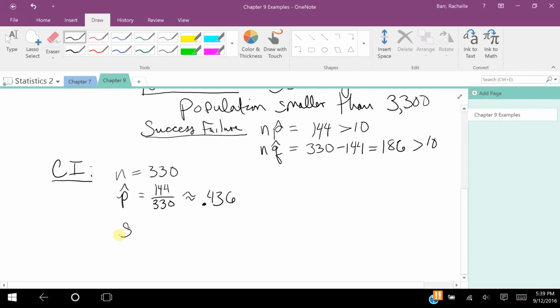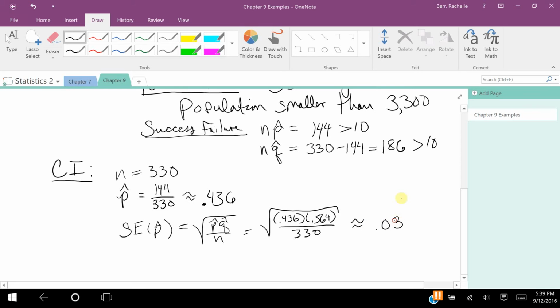And I'm going to find my standard error, since that's all I've got to work with, which if you remember is the square root of p hat times q hat divided by n. So that's the square root of 0.436 times 0.564, all divided by 330. If you calculate that out, you get approximately 0.02. Oh, that's not a 2, is it? Yay, reading. 0.027.